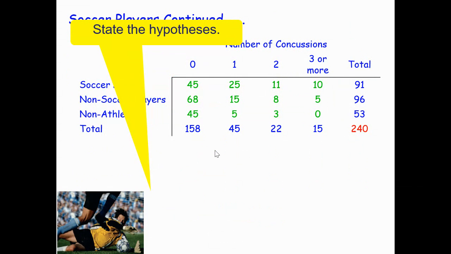So now let's state our hypotheses. What would our null hypothesis be?